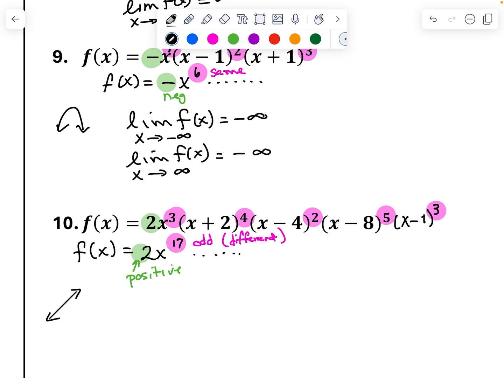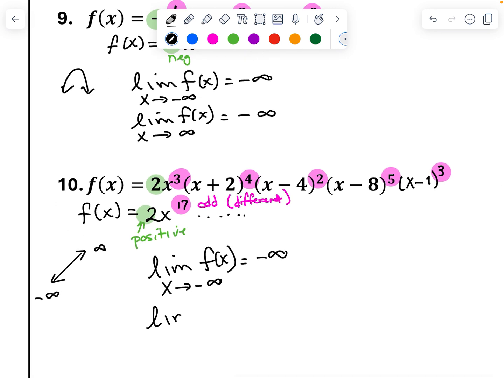And so that is headed downhill and then headed uphill. So that is the limit of f of x as x moves to the left, it is also moving down. And the limit of f of x as x moves to the right is then headed up.